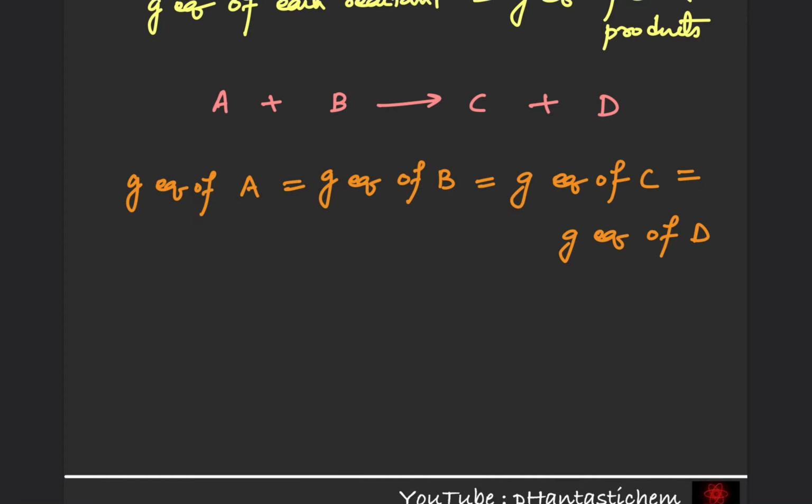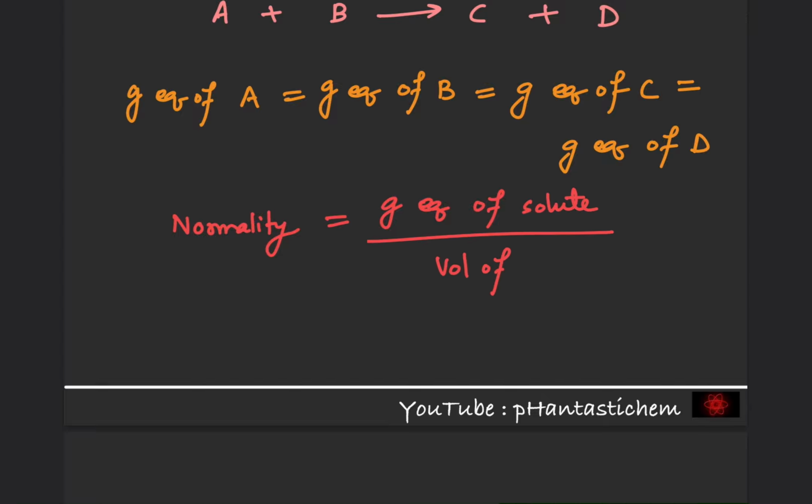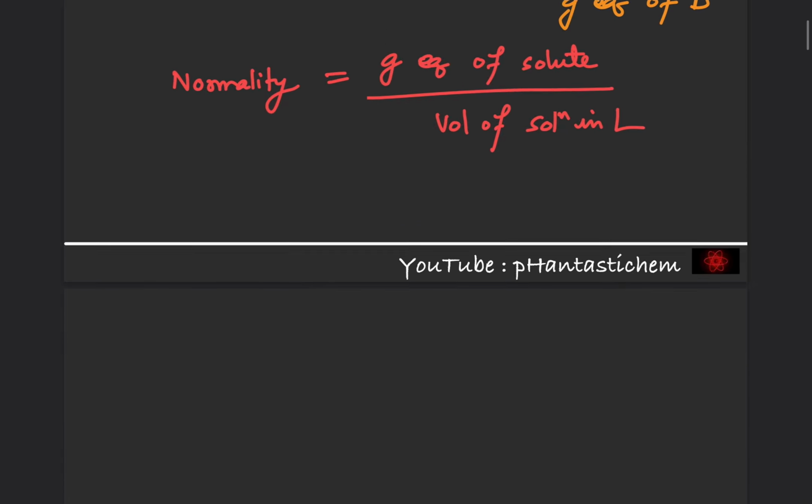Okay. And to calculate the gram equivalence of a substance, we know that normality, which is one way to express the concentration, is equal to gram equivalent of solute divided by volume of solution in liters. Okay. And we also know that normality is equal to n factor into molarity.